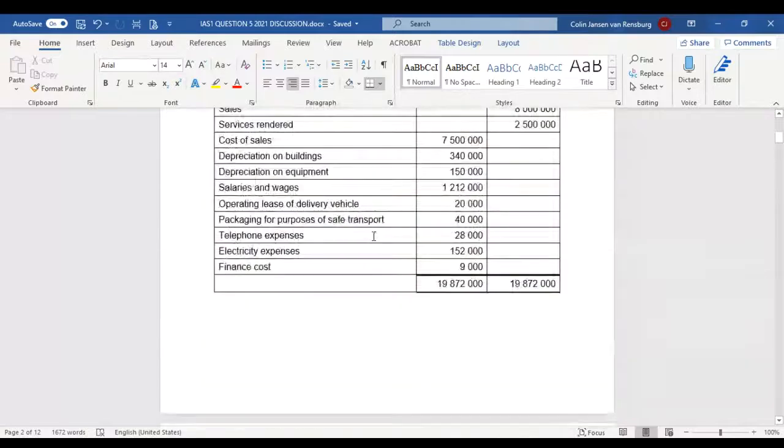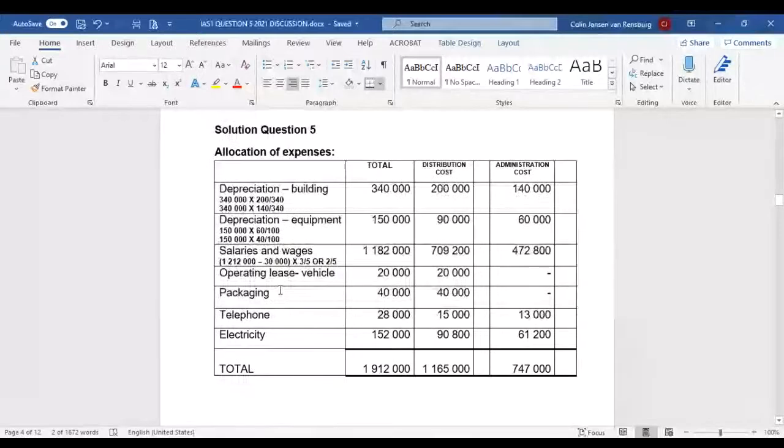Let us just find the amount again. Packaging 40,000 rand. So now we're going to copy that figure and paste it in our allocation table. So packaging for safe transport, there we will paste it, 40,000 rands.